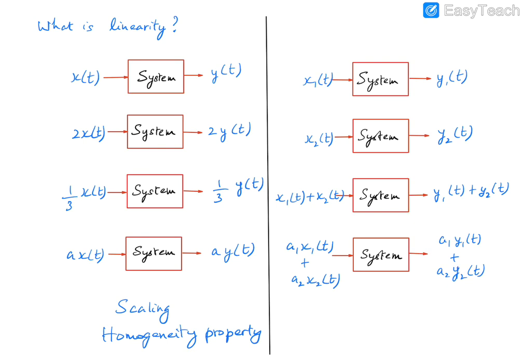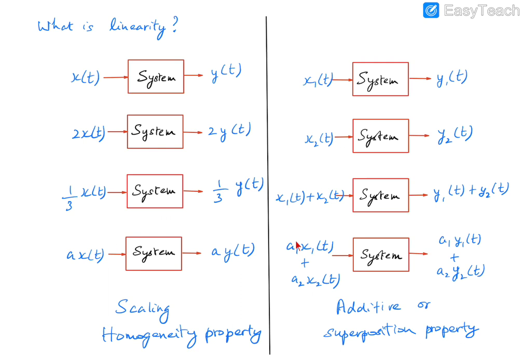So a scaled combination, which we call superposition of the inputs, produces a corresponding superposition of the outputs as well. So this is called the additive or superposition property. Basically what we notice is that when the input is x1, we get an output y1.